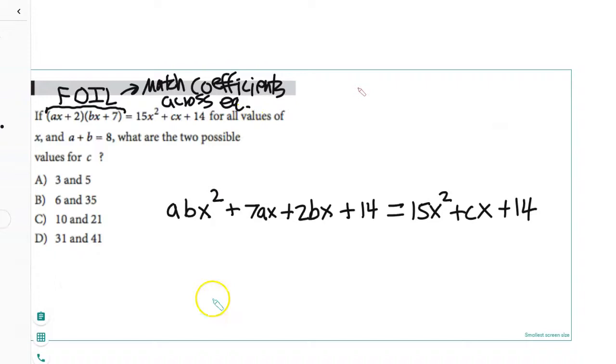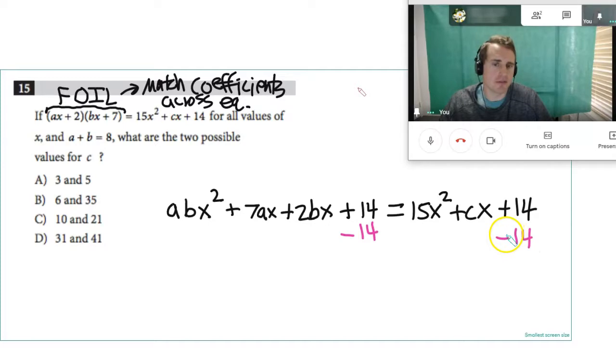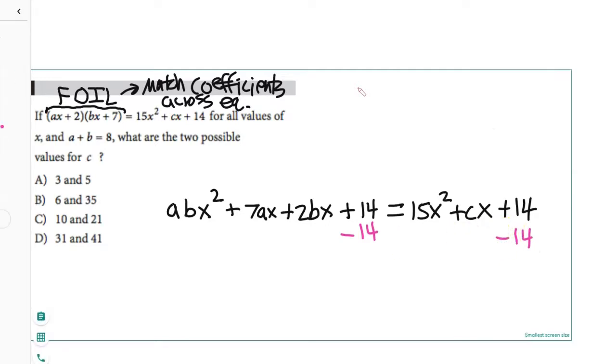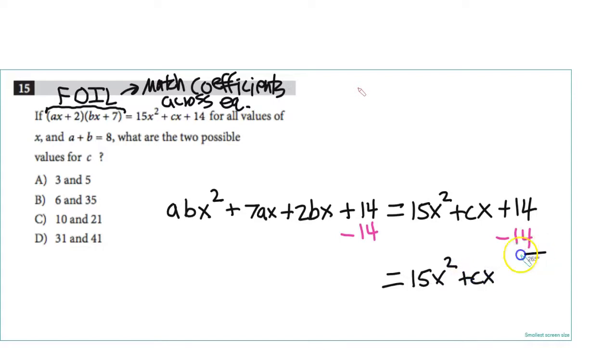First of all, what number is the same on both sides of the equation that we can immediately get rid of? Yeah, we can just subtract off 14. It's completely irrelevant. Right, we're trying to find variables. But then what's left on the right-hand side is still 15x squared plus cx.